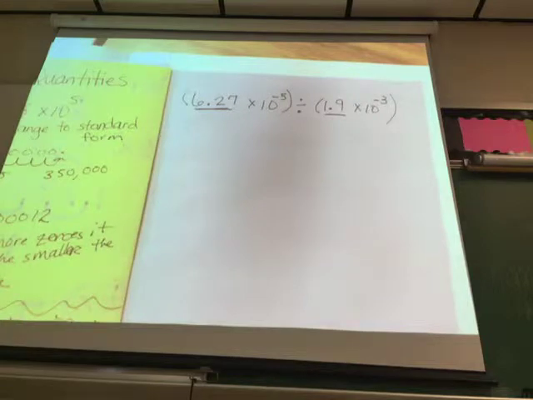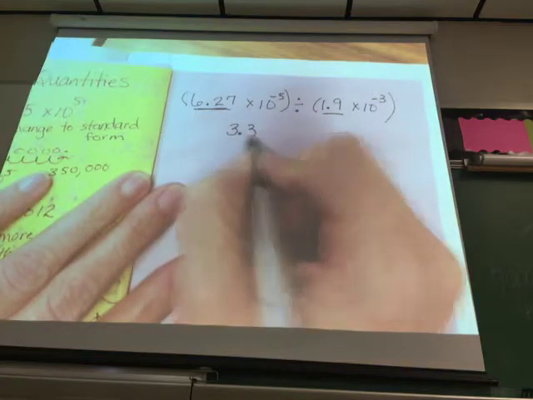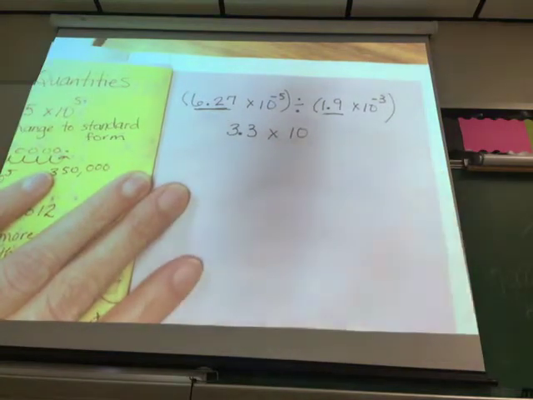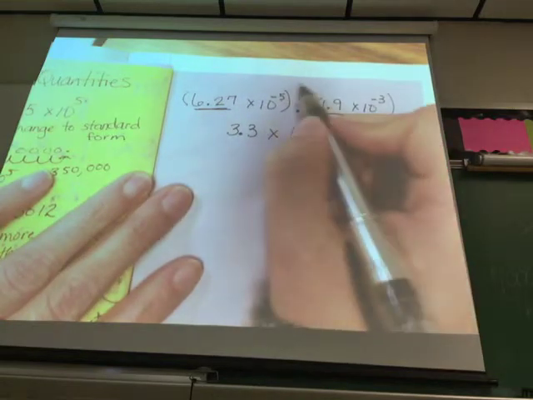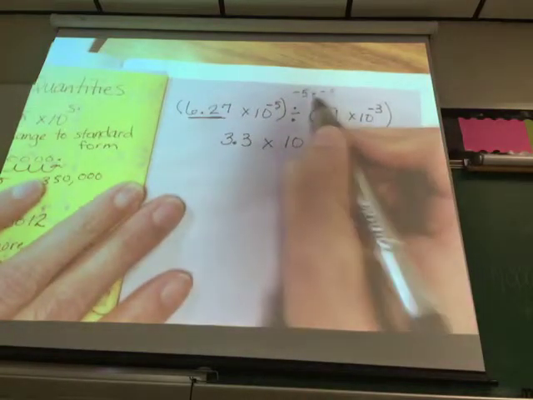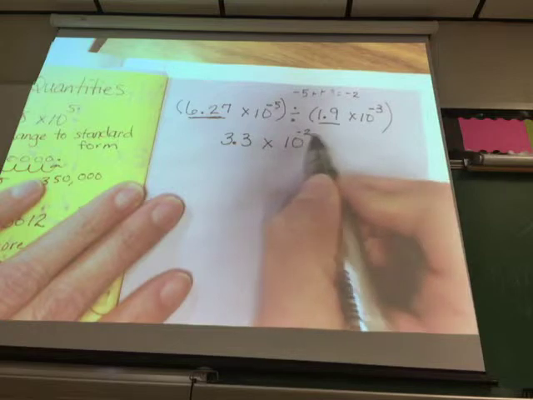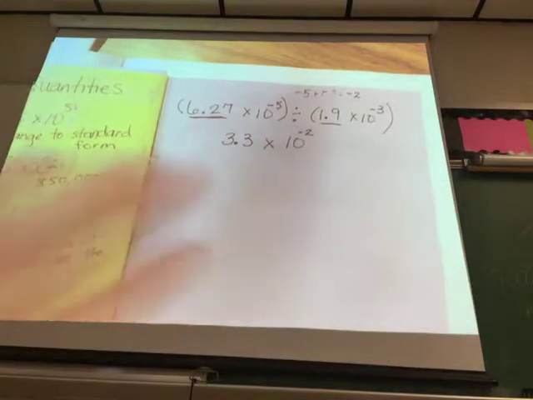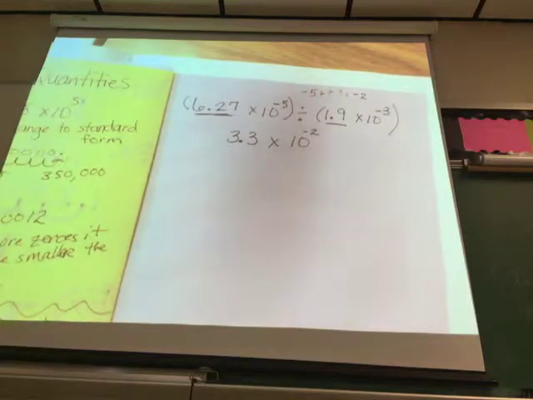This one's still going to be pretty: 3.3. 3.3 times 10 to the what power? Negative 5 minus a negative 3. Be careful, because it's going to be negative 2. It's going to be to the negative 2 power. So that one turned out pretty. It had ugly looking exponents, but we figured that out.